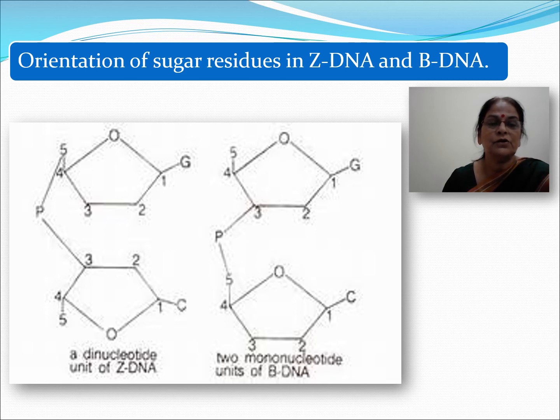These two sugars and this nucleotide, they form one monomer. Here, one nucleotide forms one monomer. But in this case, two. Therefore, there are 6 bases. These 6 bases are present in one turn.